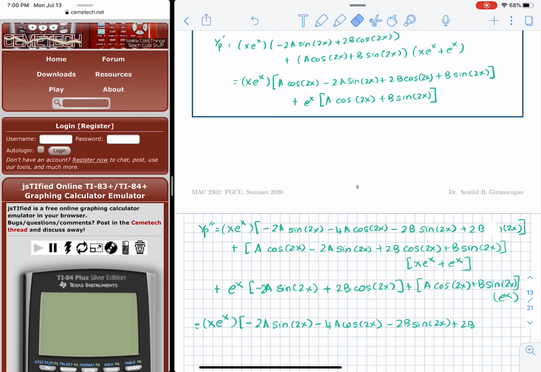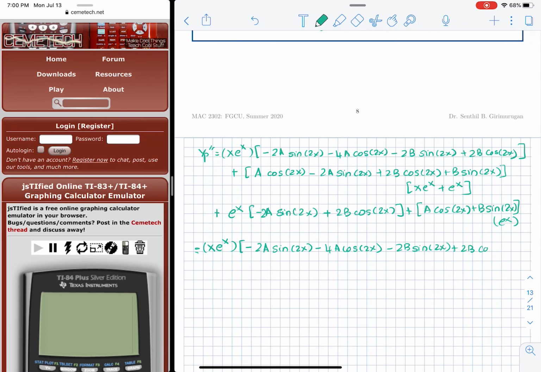That should be a cosine 2x, sorry. And plus a cosine 2x minus 2a sine 2x plus 2b cosine 2x plus b sine 2x.